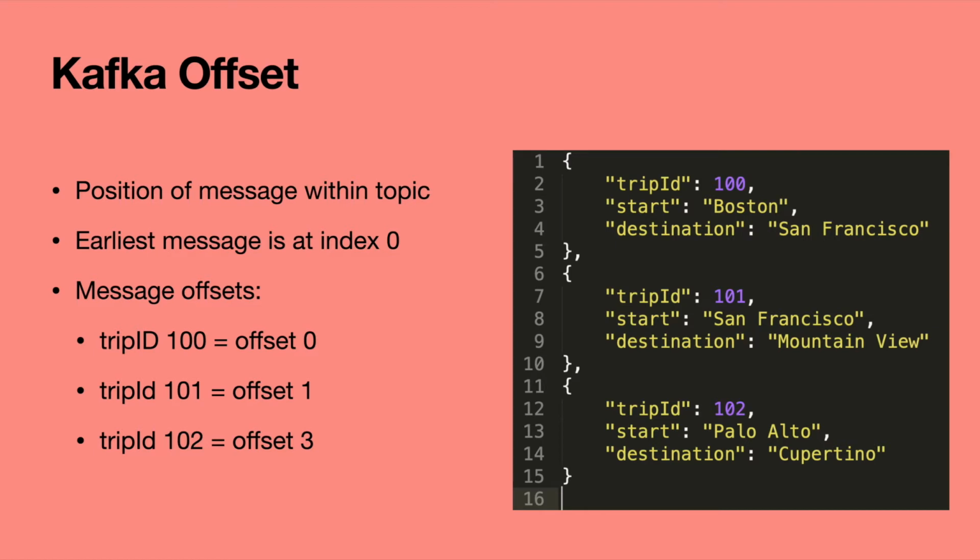It starts from offset 0, so the first message is offset 0, and for the next message you move the offset by 1, so it's 0 plus 1, which is 1. The third message is 0 plus 1 plus 1, so you're at offset 2. Similarly, whenever you want to jump to a given message, you can just use the offset to add to your starting index.